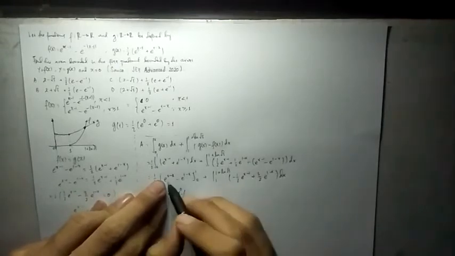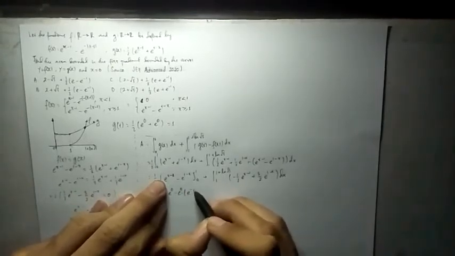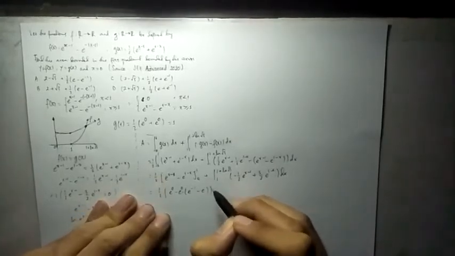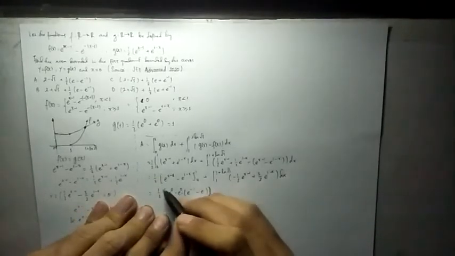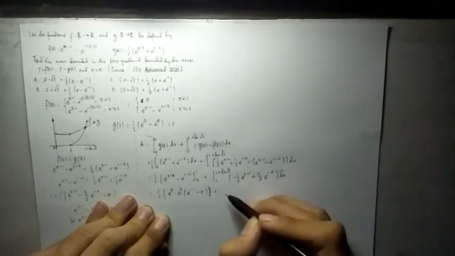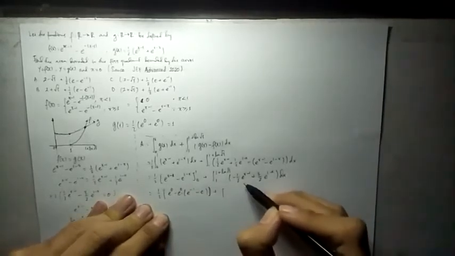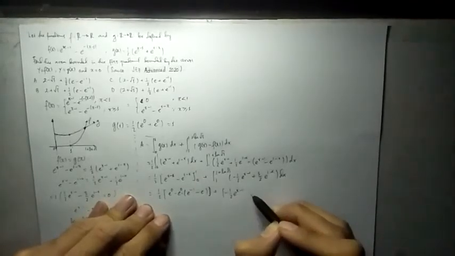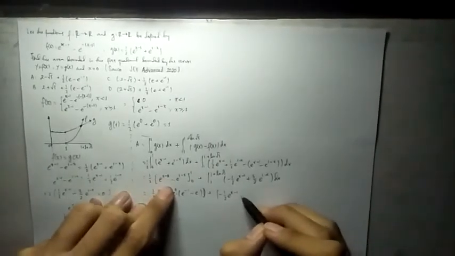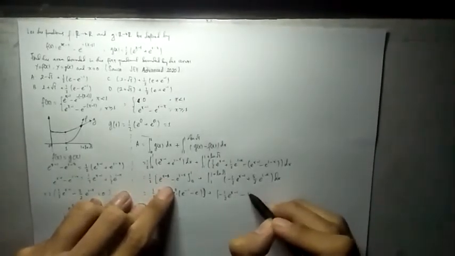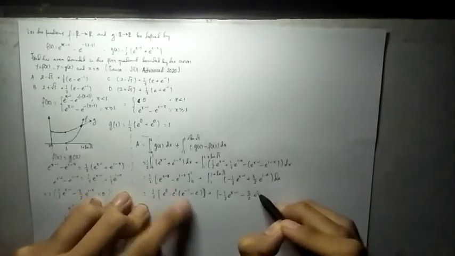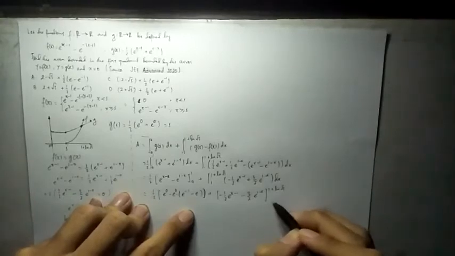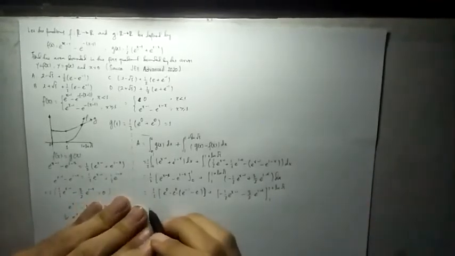Substituting the 0 right here, you got e inverse minus e, right, plus just the same as this one, then 1.